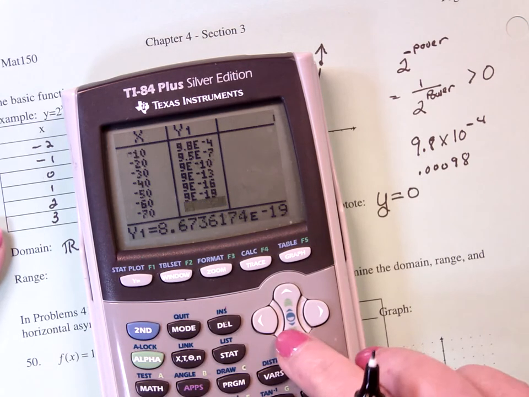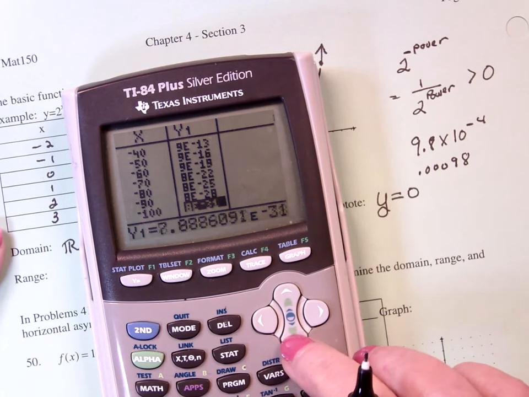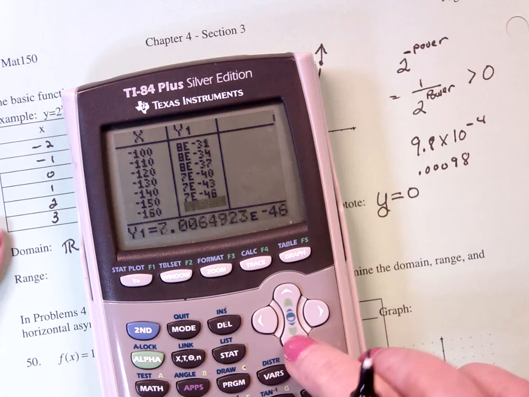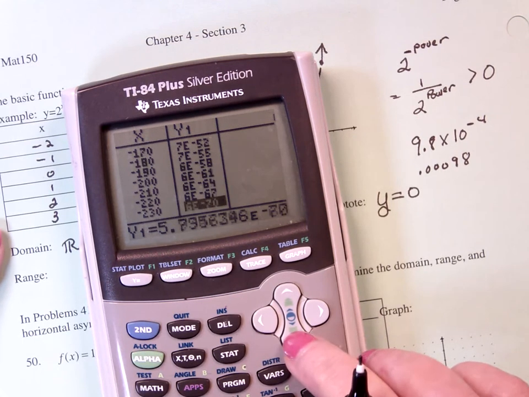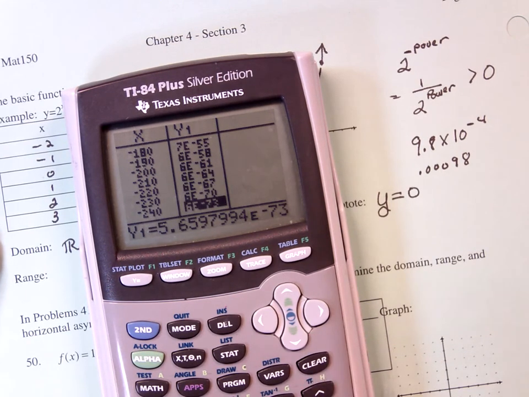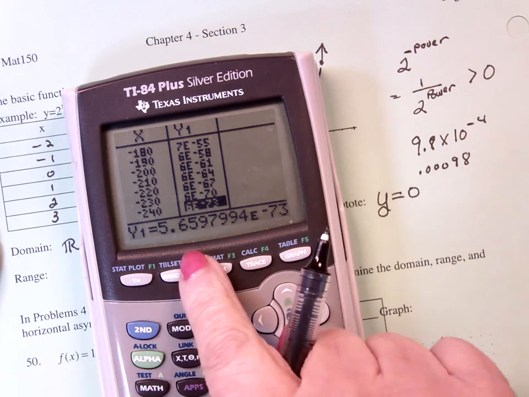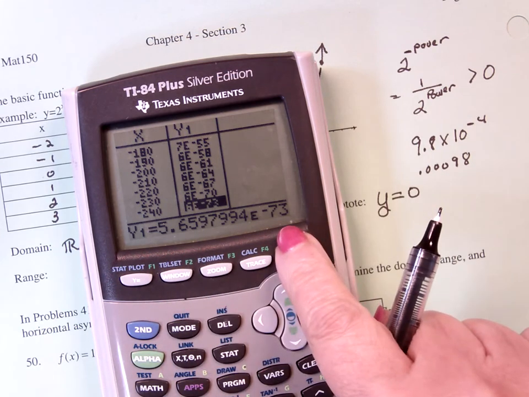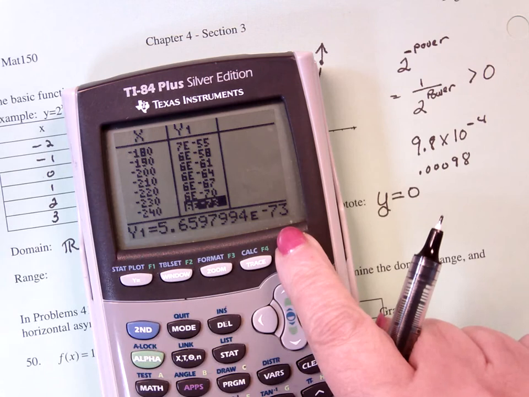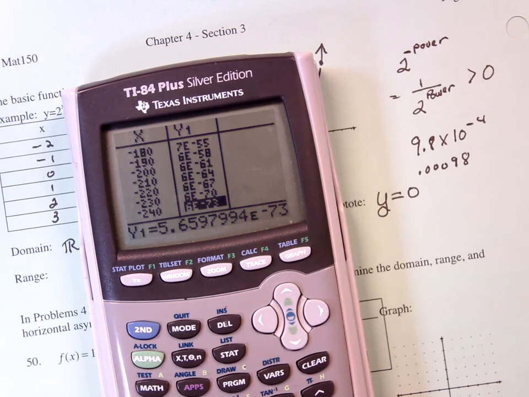But it doesn't matter. I'm always coming up with a positive number. So here I am at -240. Now it's 5.6 times 10 to the negative 73. There's 72 zeros in front of that 5. It's always a positive number, but it's getting closer and closer to 0.